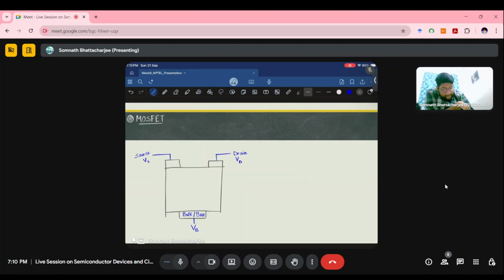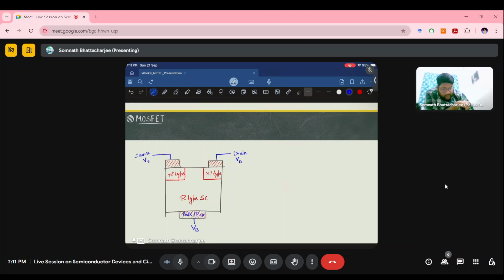Now, based on the device architecture, if this total thing is a P-type semiconductor, we can dope this part and this part differently with N plus type impurities, that is heavily doped N type impurities. And so this is a metal structure. This is a metal. This is also a metal contact.